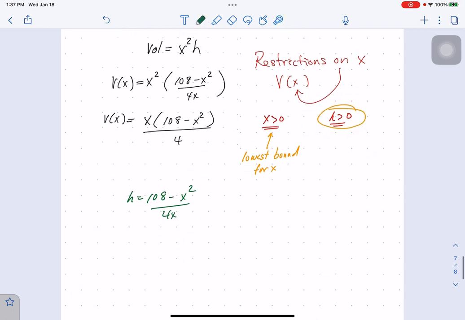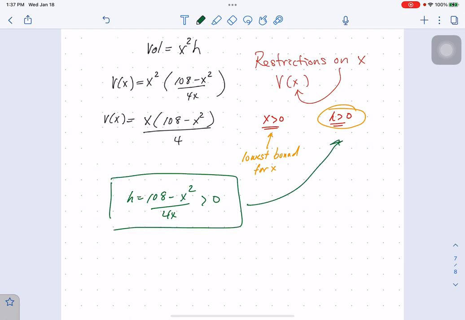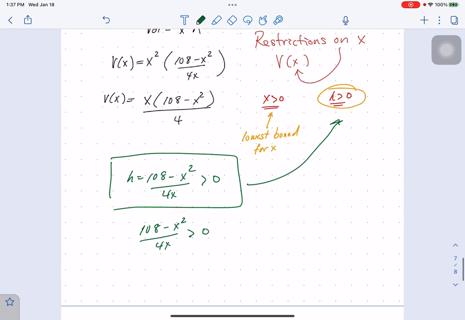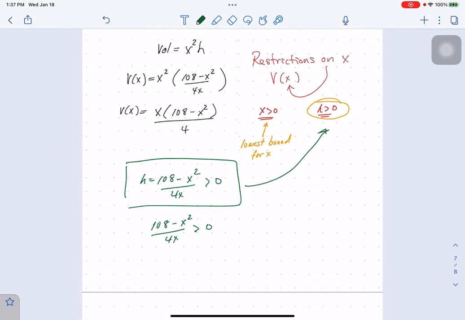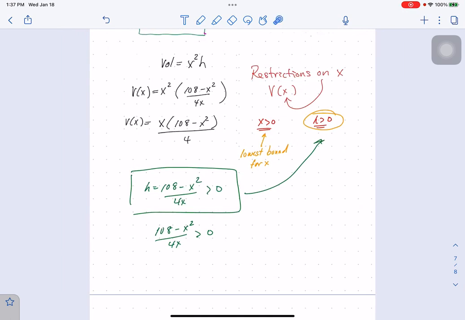So that means that if that's got to be greater than 0, then this has to be greater than 0. Which means that 108 minus x squared over 4x must be greater than 0. Now, when I'm talking about things being greater than 0, I'm really talking about their sign.